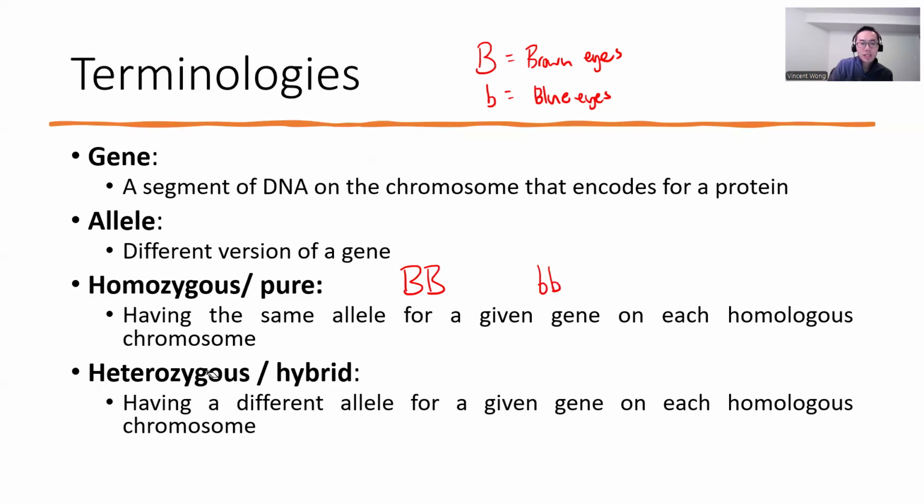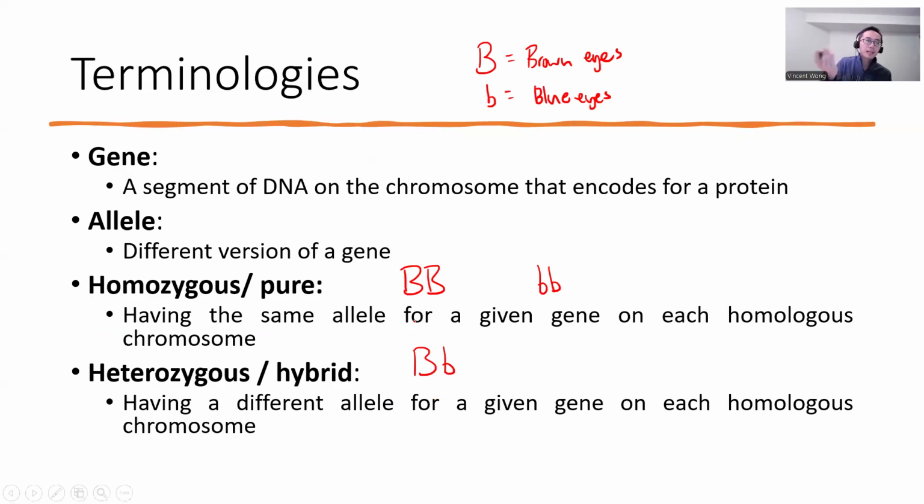Now, heterozygous or a hybrid means the two alleles are different. So a person might inherit a big B from the mother who has brown eyes, and then they might inherit the little b from the father who has blue eyes. And now we say the person is heterozygous.